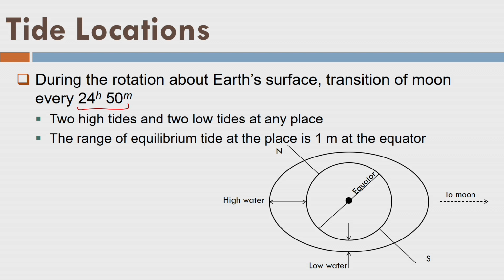Let us assume that the moon is fixed and the earth is rotating like this. Because of the rotation of the earth, one place on the surface of the earth will face the moon 2 times in a day, or I can say 2 times in these 24 hours and 50 minutes.